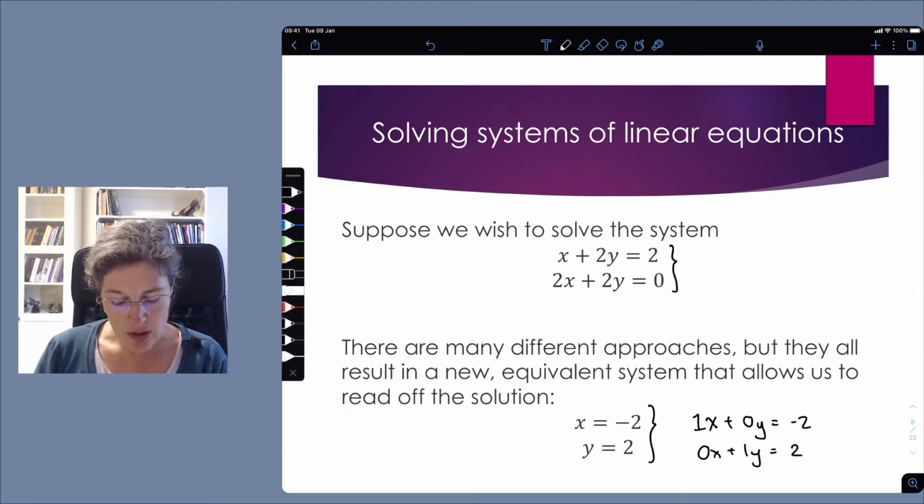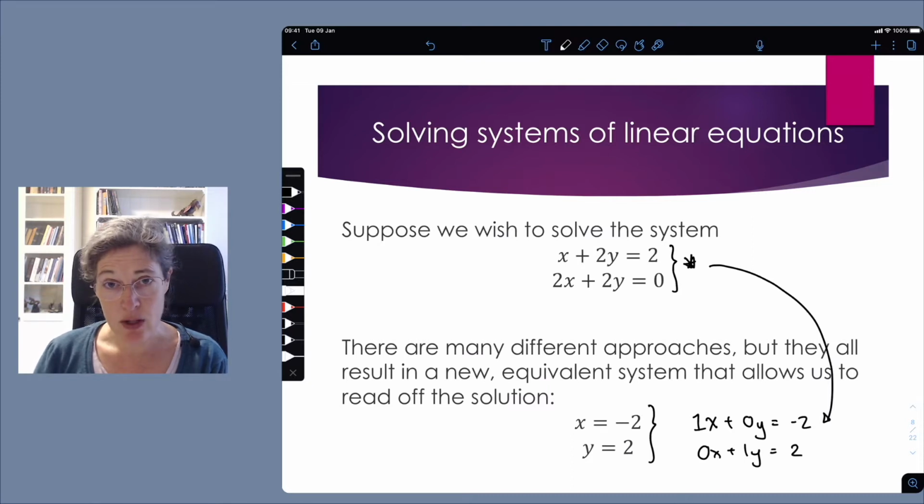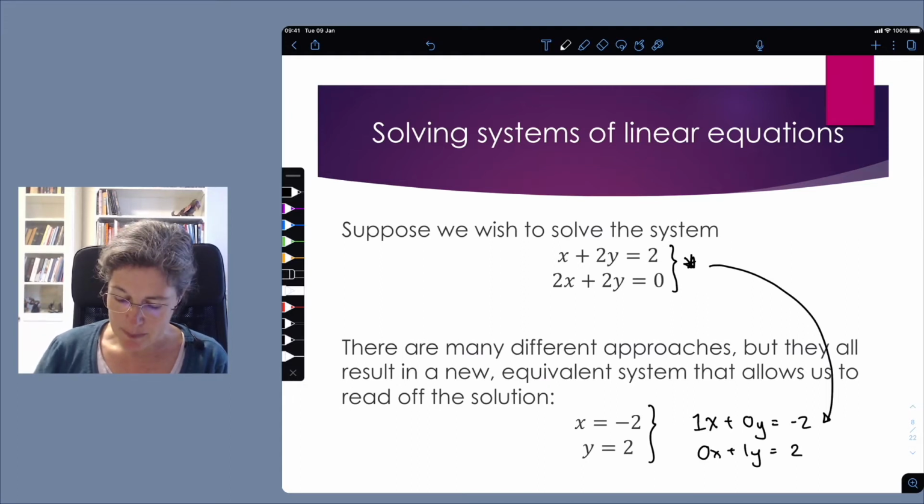So what we've really just done is we've transformed our original system, where we couldn't read off the solution very simply, into a system where we can read off the solution simply. And it's having an idea of this transformation that we want to make that leads us to this routine, which is going to be called Gaussian elimination.